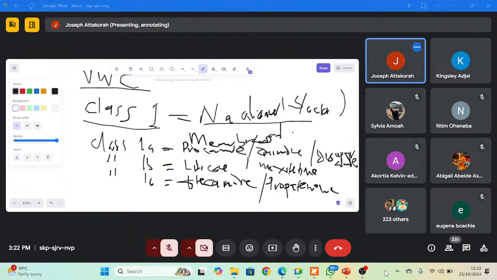So these classes, class 1A, class 1B, class 1C, are done based on the kinetics of the sodium channel effect. If they are saying this, if you don't take care, you won't appreciate it.